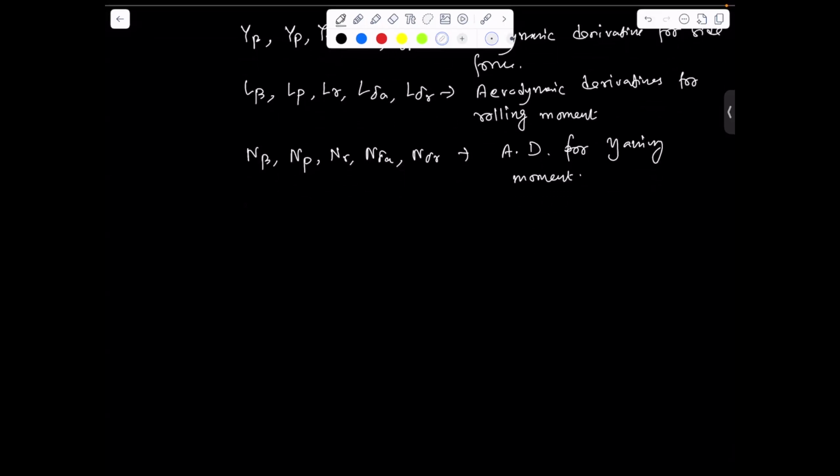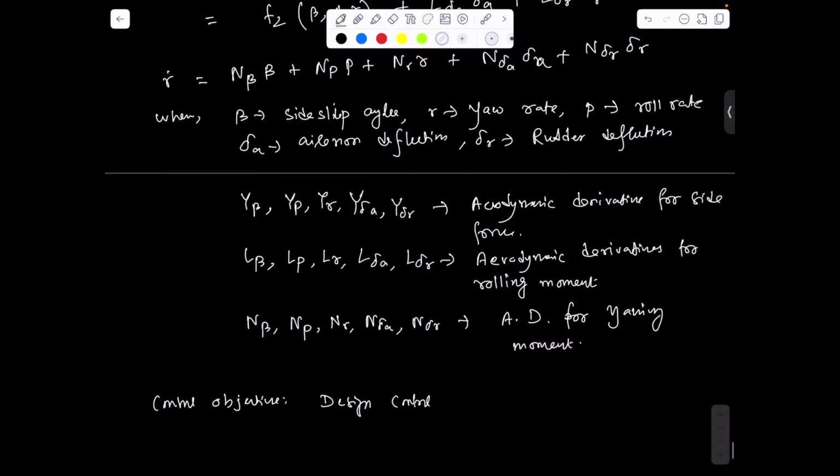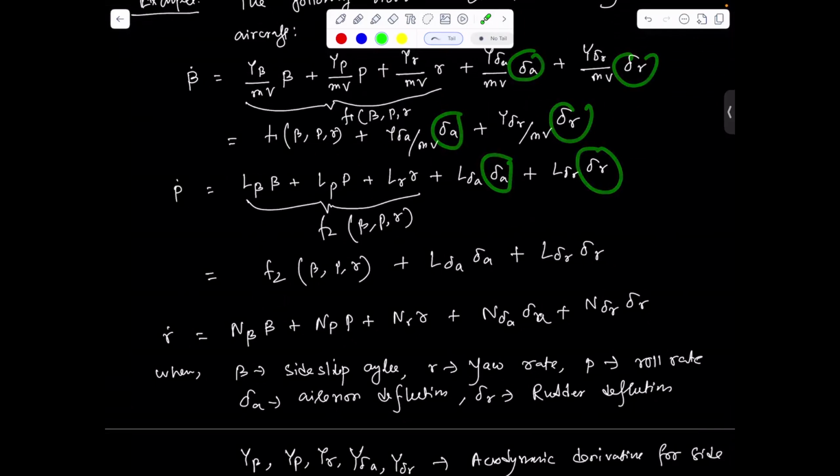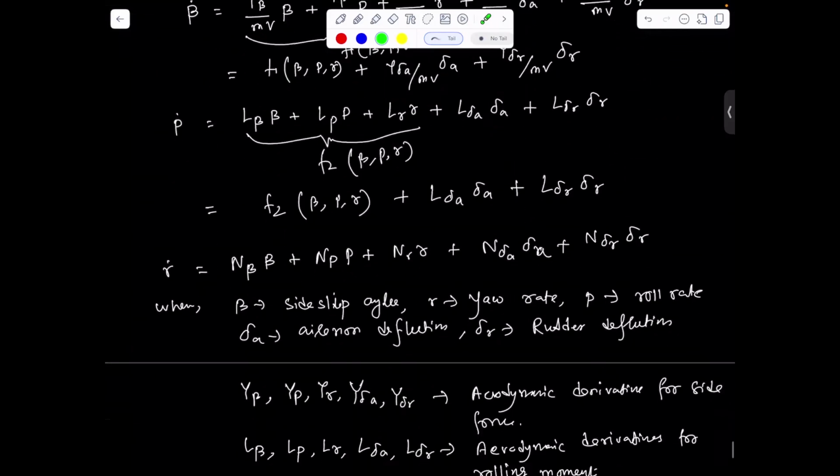Now our control objective for this particular problem is to design control. If you notice, this system is quite complex because each equation has a different control part, delta A and delta R in each equation. So designing control for this system may be challenging, but we'll simplify the problem.